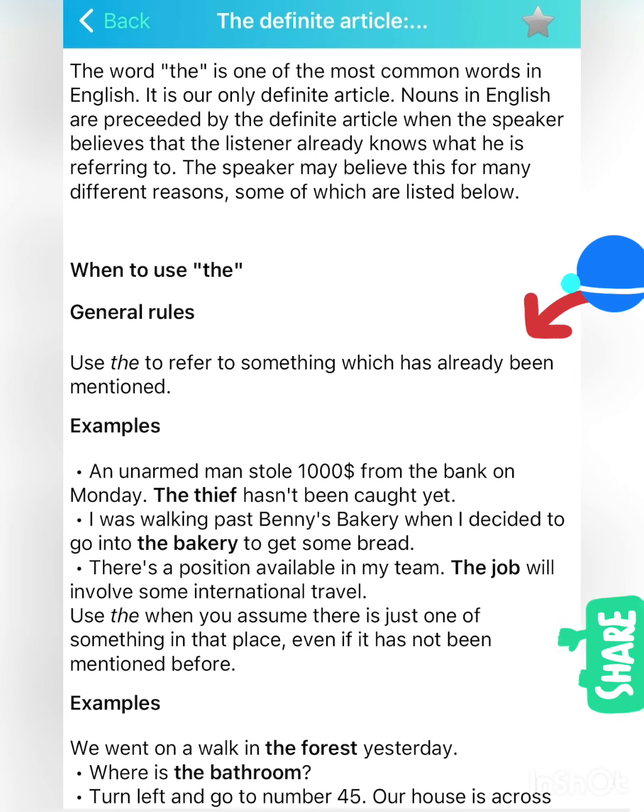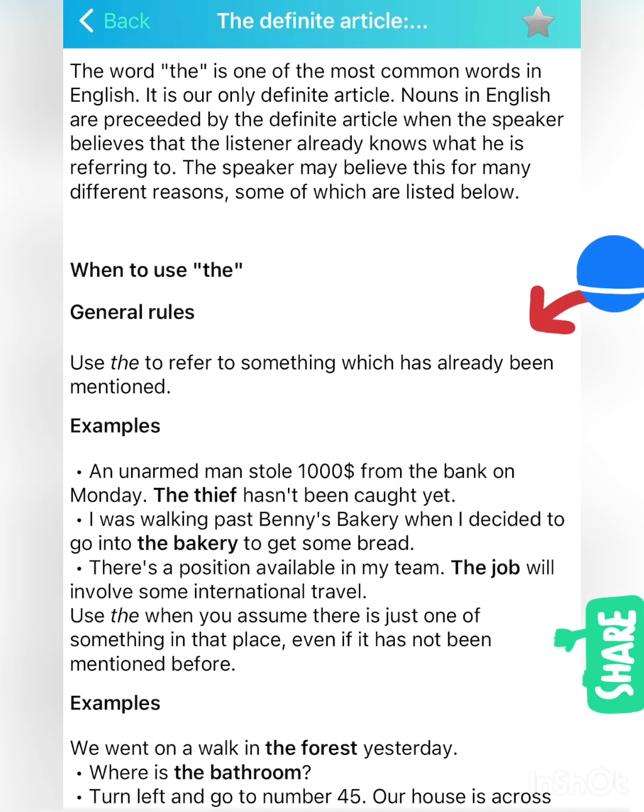When we refer to things, names, or nouns that we've already mentioned to the recipient of the information, then we use "the". That's pretty much what most people understand as the use of "the" in the English language. But of course, "the" has multiple uses other than the one we've referred to now.